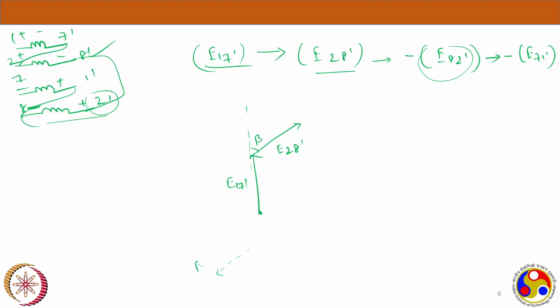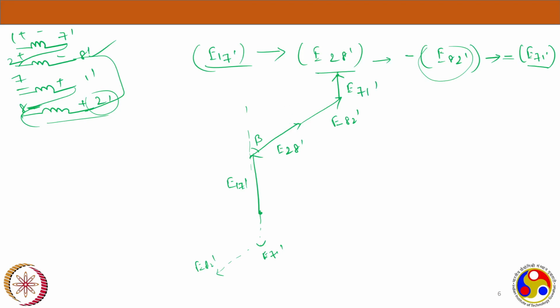But we have taken the negative of it and then we have added it. So again, this is at 30 degrees only. This is E82 dash, but in the negative. That's how I represented the direction, so it's negative. And then from here, the last one is the 71 dash phasor. Previously it's here, E71 dash. Now I'm taking the negative of it, so it will come like this to the top.